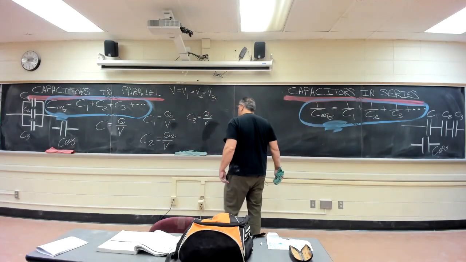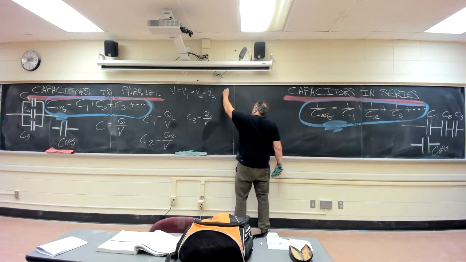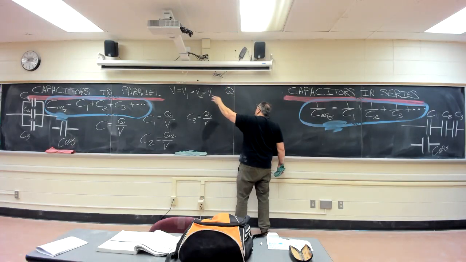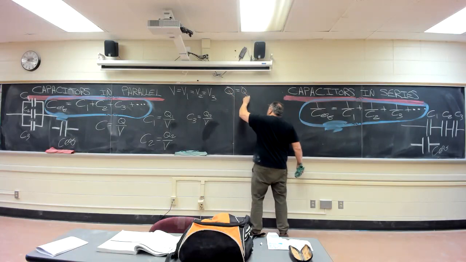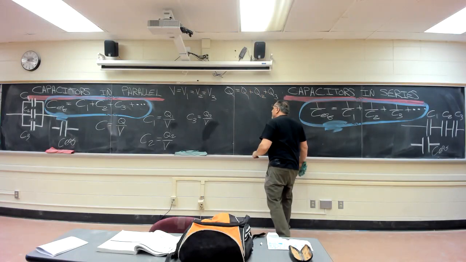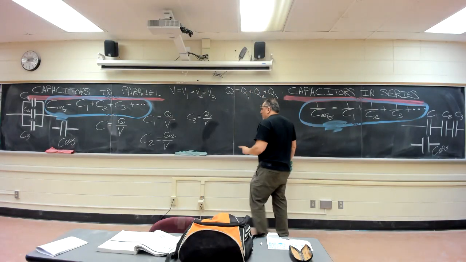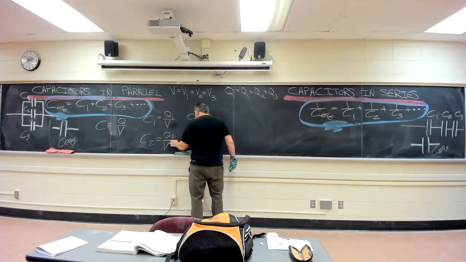And interesting. And if that's the case, the total charge present is what's on C1, what's on C2, what's on C3. So I add these. Well, wait a minute. If you multiply by V on each side, you get Q1. If you multiply by V on each side, you get Q2.